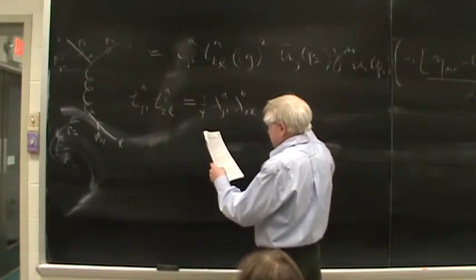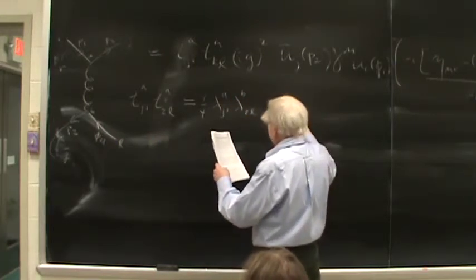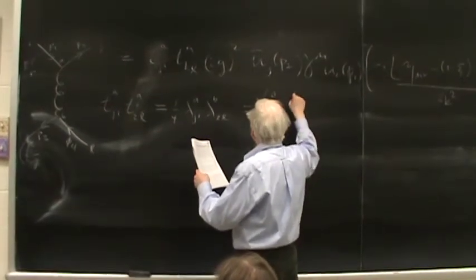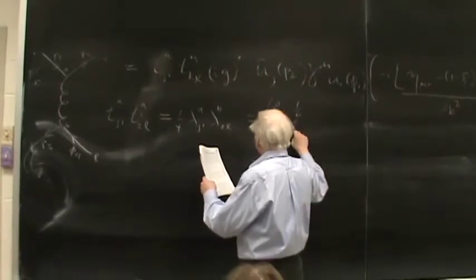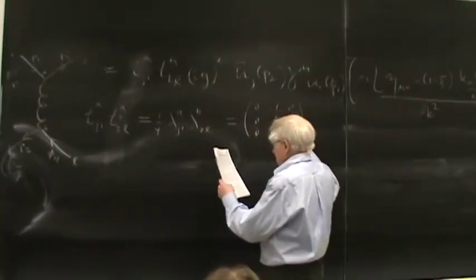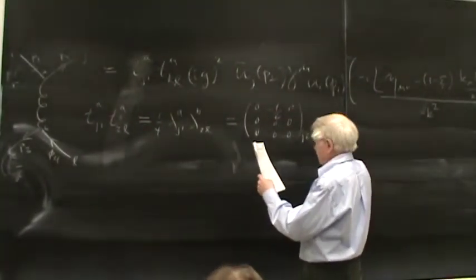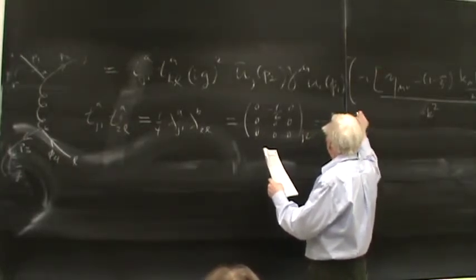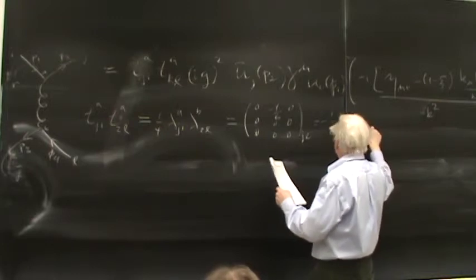This would turn out to be, these are 3 by 3 matrices, this would turn out to be 0, 0, 0, minus 1/6, 0, 0, 0, 0, 0, JL, and that's then minus 1/6 delta_J1 delta_2L.